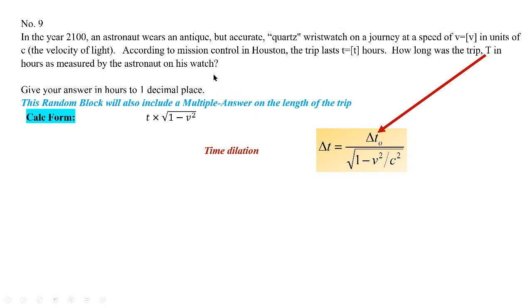And the other is whatever mission control says. If mission control says it took 14 hours or 12 hours, then it should be whatever mission control says times the square root of 1 minus v squared over c squared. But you notice the formula you should use is 1 minus v squared. Why? Because this is in units of c. If v is already in units of c, c cancels out, so it's just 1 minus v squared.